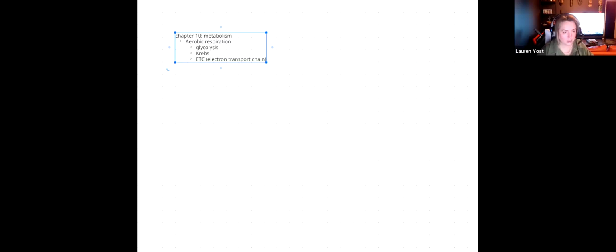In glycolysis, this is just breaking down glucose, which is a 6-carbon sugar.